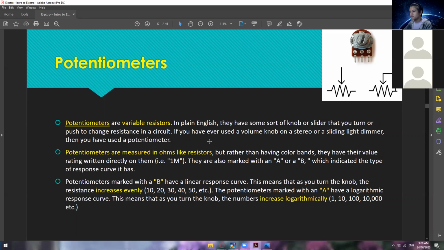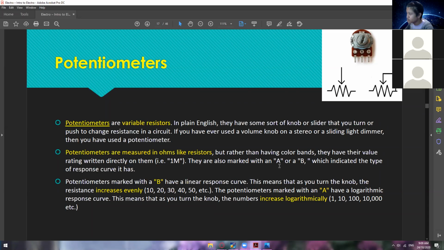So we use potentiometers. Potentiometers are measured in ohms, since of course it's like resistors also. But rather than having color bands, they have their value rating written directly on them, say 1M and so on. And then they also have this one, which is very important.